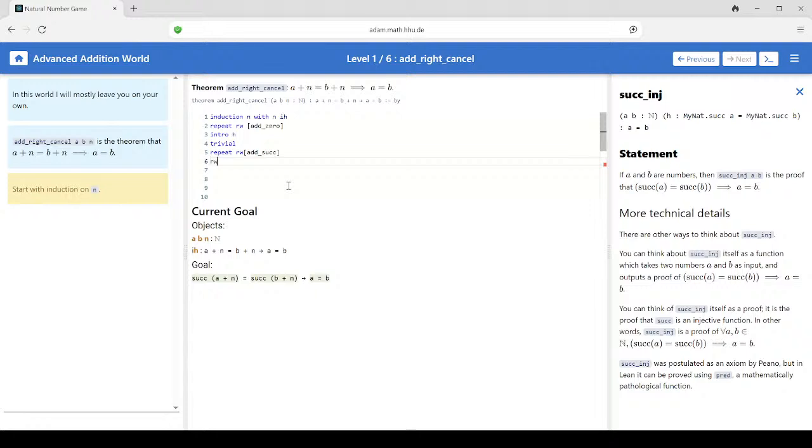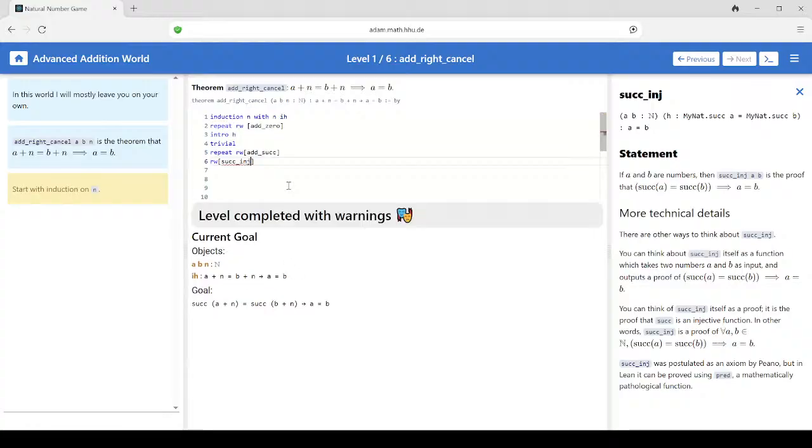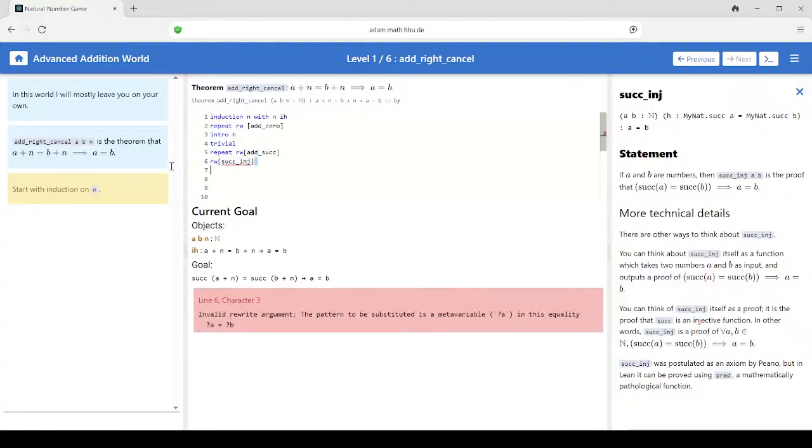Can I use this as a rewrite? I don't think so. No.